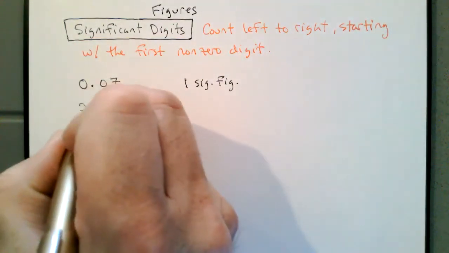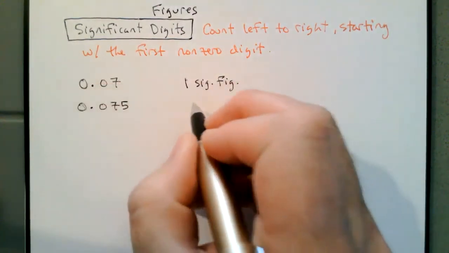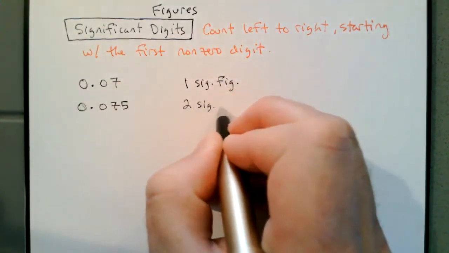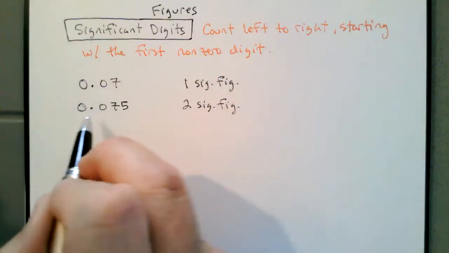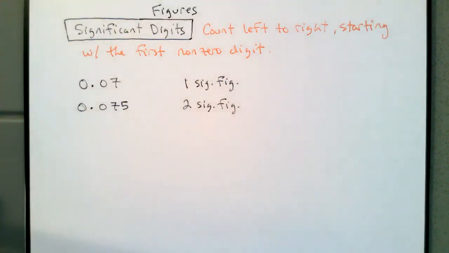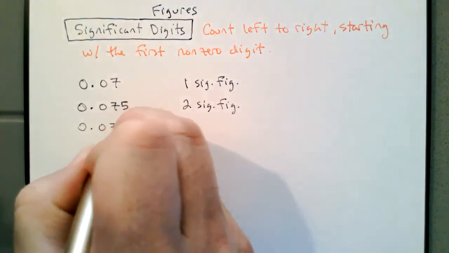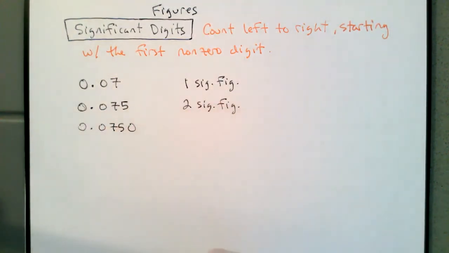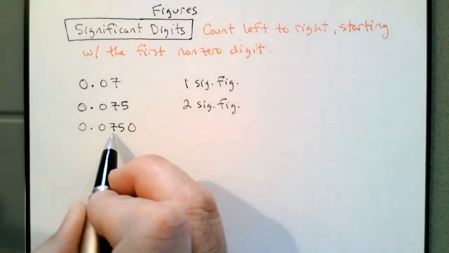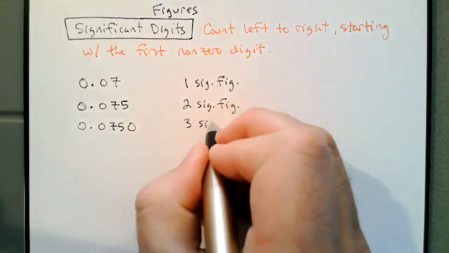So if I have 0.075, I have two significant figures. The first non-zero digit is a 7, and then we start counting 5. We count all the digits from left to right. So if I have 0.0750, here's the first non-zero digit, and then we count 1, 2, 3 significant figures.